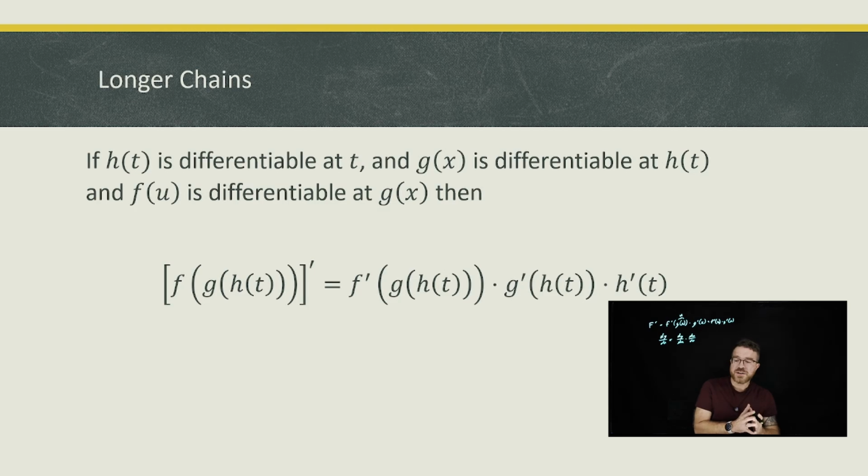Now, for longer chains, if h of t is differentiable at t, and g is differentiable at h of t, and f is differentiable at g of h of t, then we would have f of g of h of t.